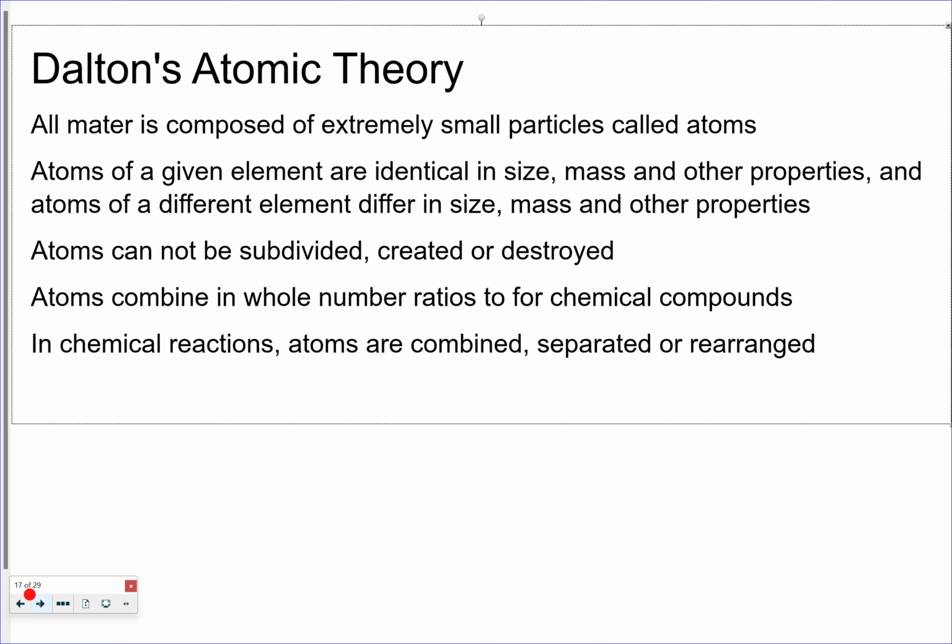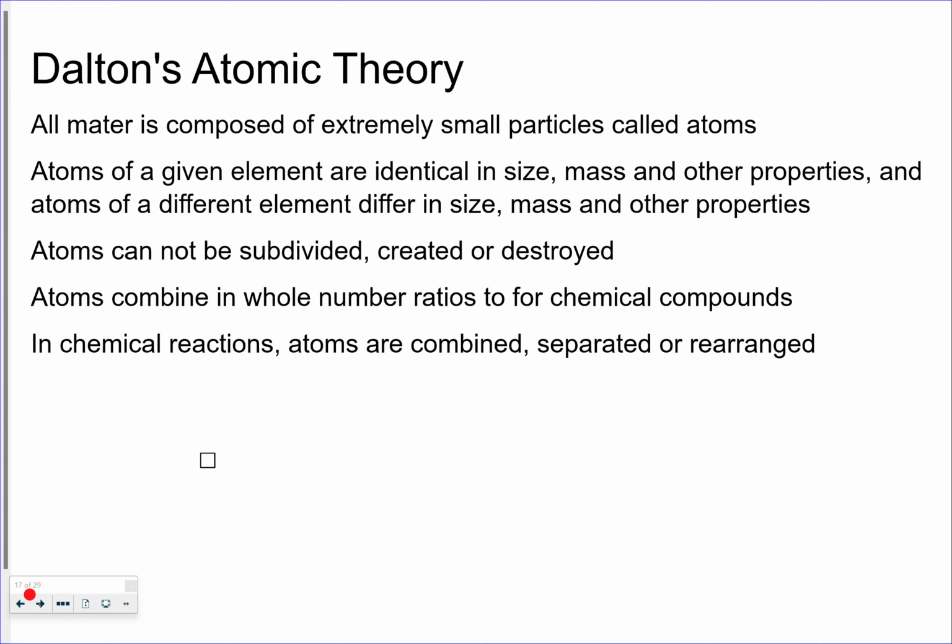So the atoms in hydrogen differ from an atom of carbon. All elements combine in whole number ratios to form chemical compounds. In chemical reactions, atoms are combined, separated, or rearranged. They are not created or destroyed.